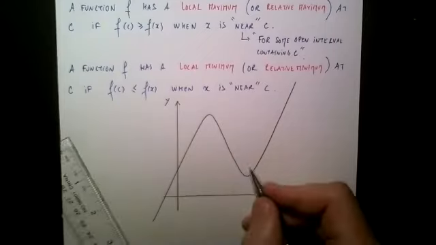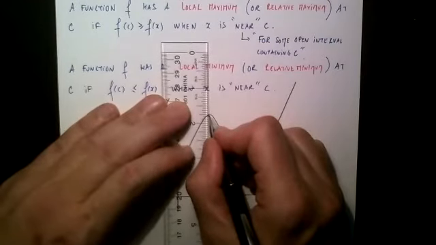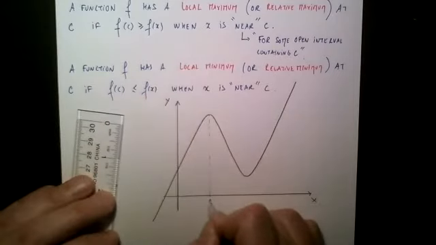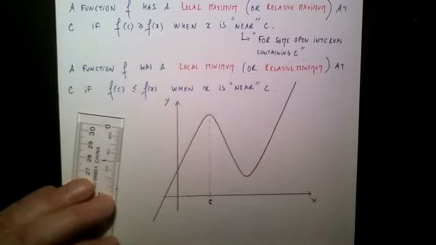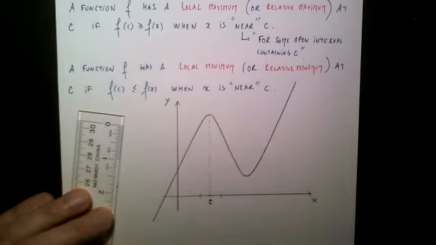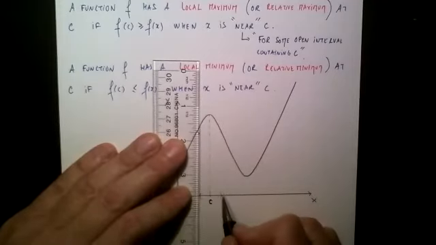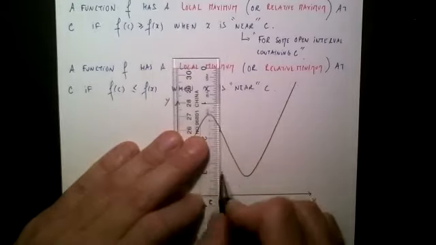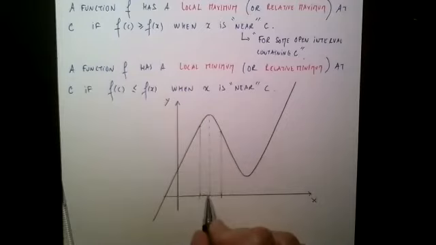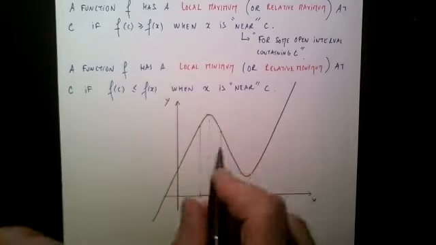But right here, at a certain value C, I could find a little interval around C where the function is always, everywhere in this interval, you see that the function is under this value.